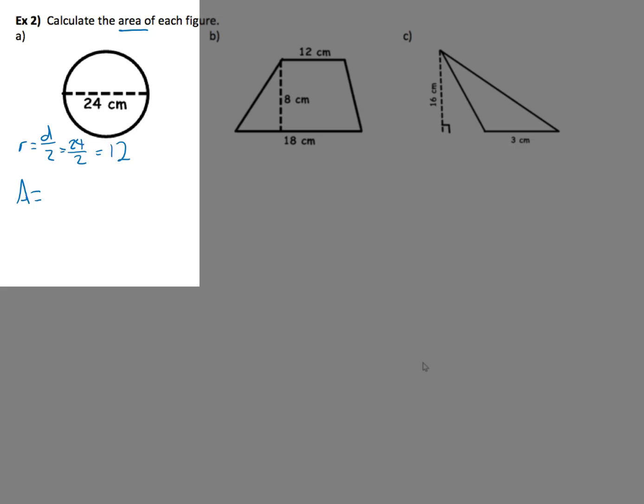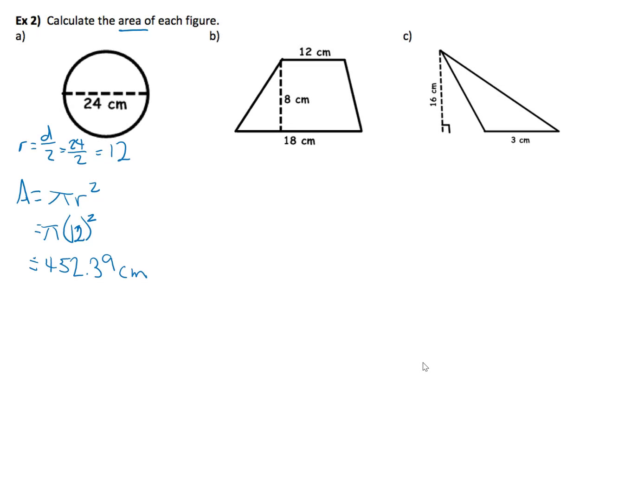A equals pi r squared. Now we just sub in for r. We have pi times 12 squared. So 12 squared times pi, which should give you about 452.39 centimeters.